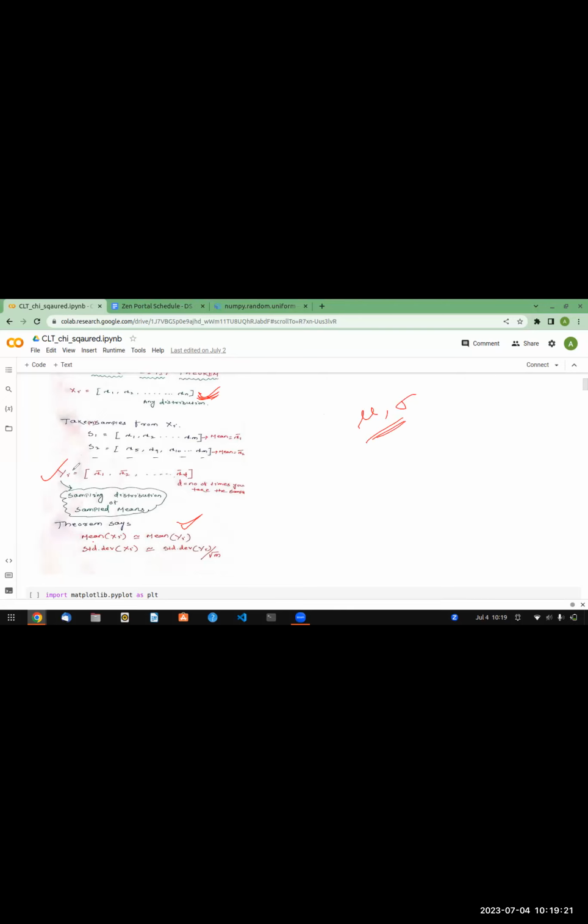We only know the mu and sigma of the sample means. But we can calculate the original population's mu and sigma using this. If you have the mean of this one, it will be nearly equal to the population mean. If you have sigma of this one, that will be sigma into root over m. This is the population mean.